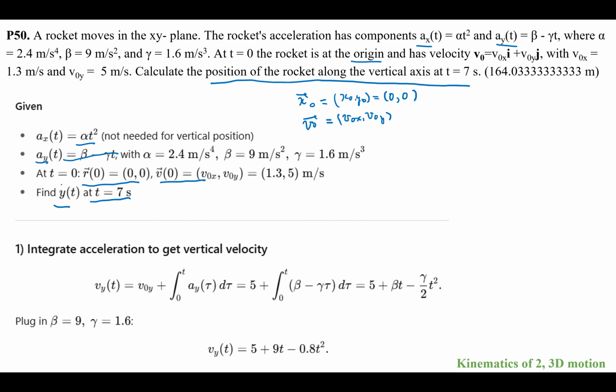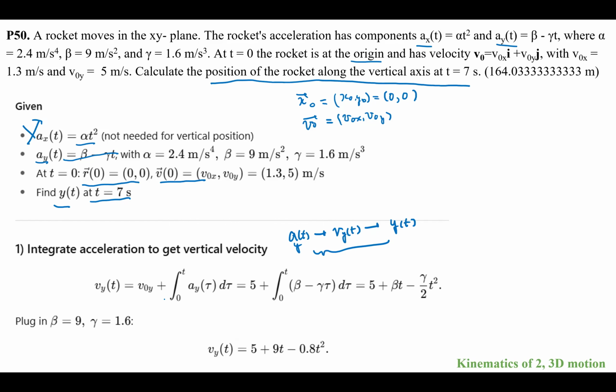So we need to think about only the vertical direction, so that we don't need this information at all at this moment. So what we are going to do is that the acceleration is given. So ay(t) is given, and then from it we get the vy(t), and then from the vy(t) we can find out y(t). Okay, that's the step we are going to follow.